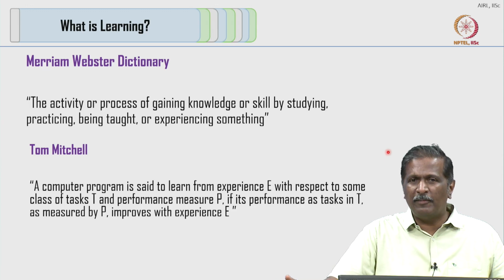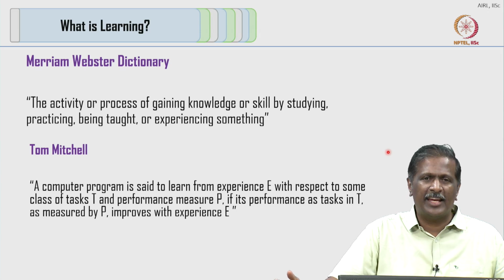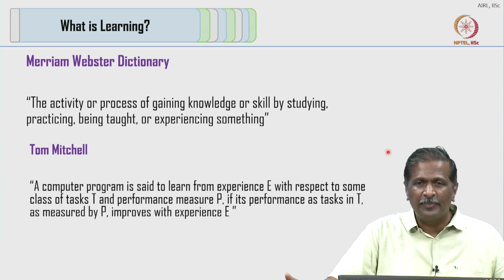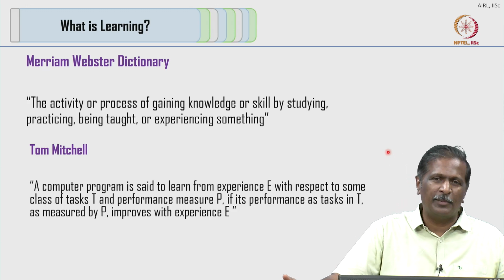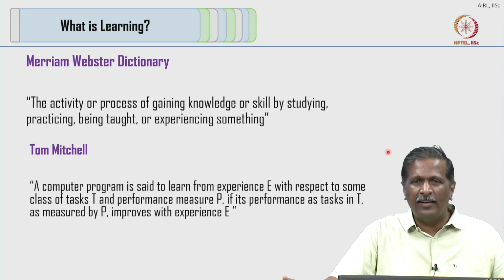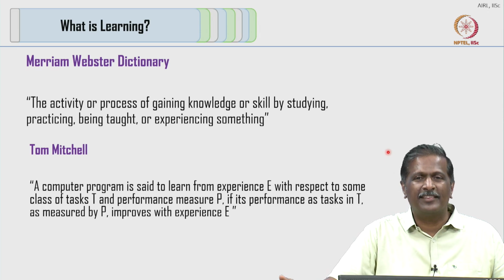If the performance on the task T is measured by P, it tries to improve the performance through experience. Experience comes from data. The more the data, the better the performance. That is why we call AI data hungry. Not just data hungry, it is also computationally hungry.